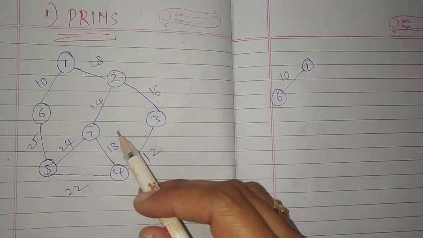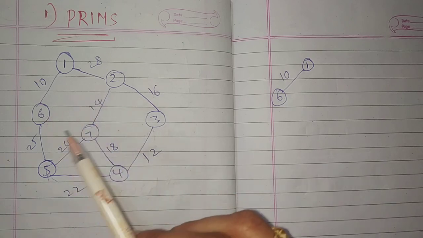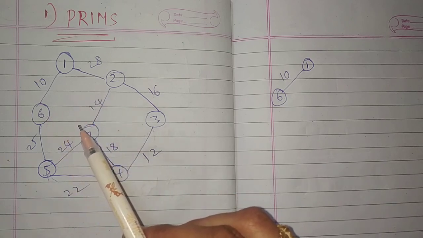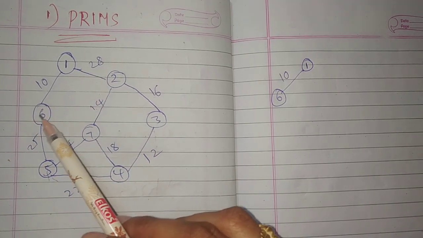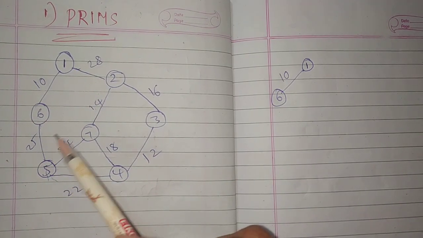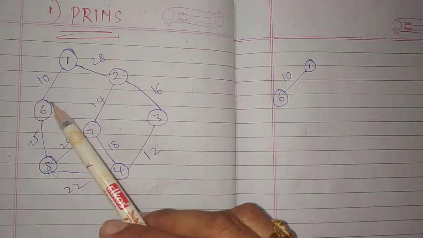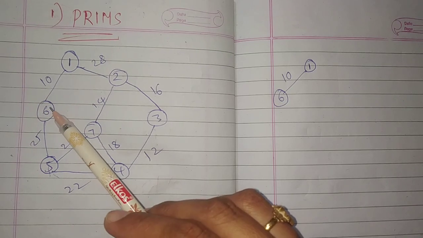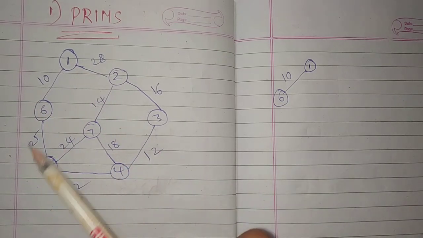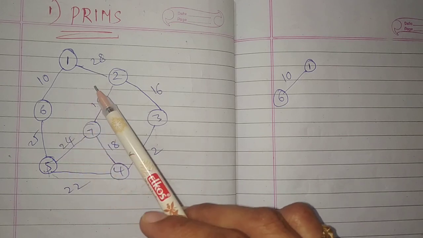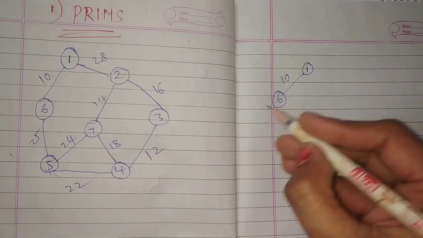And then, which is the minimum cost edge adjacent to these vertices? Which is minimum, 25, right? For this edge, the adjacent are 1 to 2 and 6 to 5, right? In this, which is the minimum cost edge? 25, it is clear. Then take that.